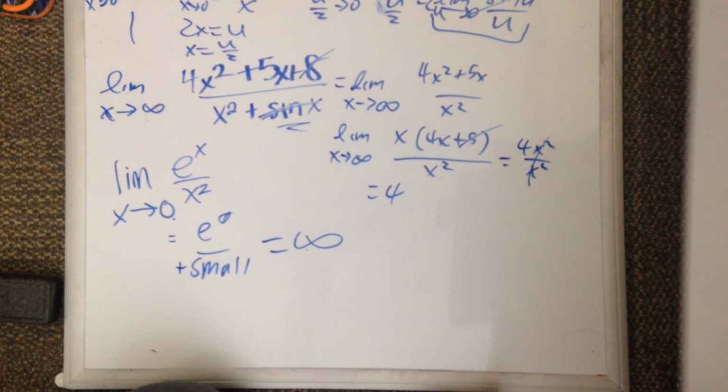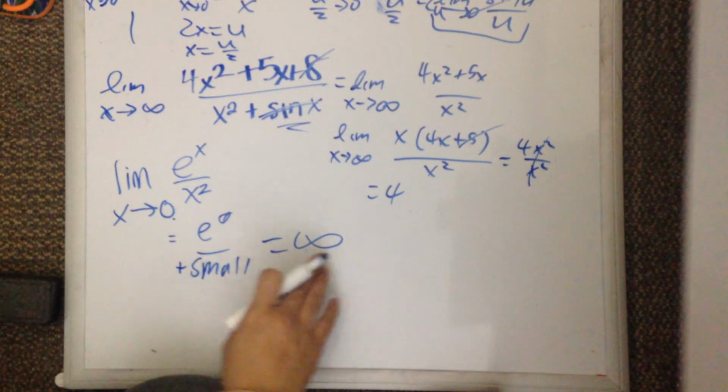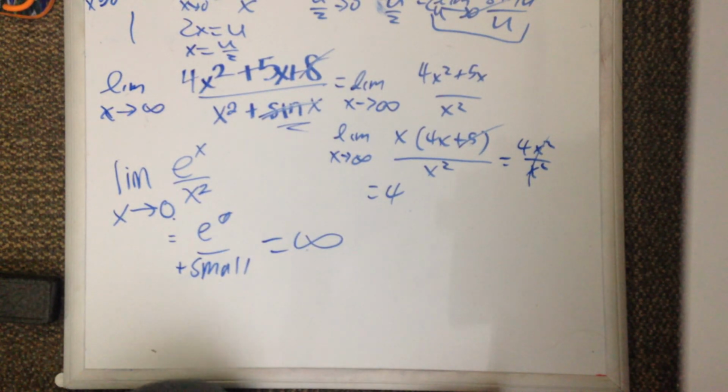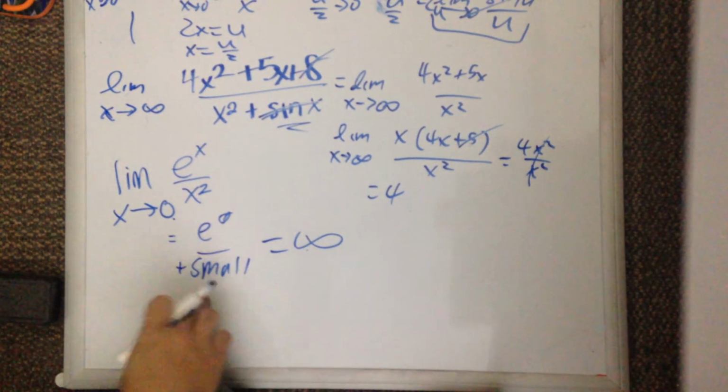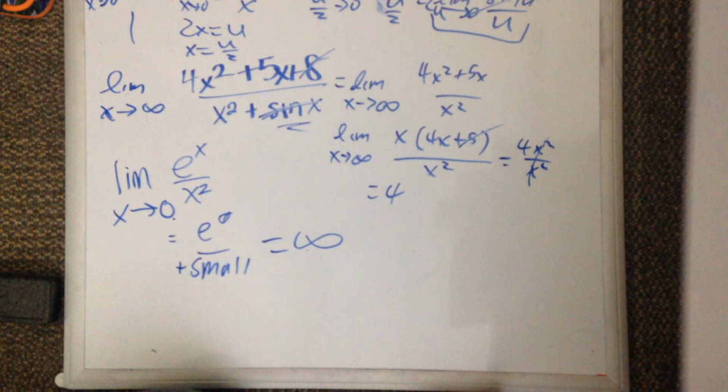So positive, plus, and the top is just 1. Whenever we have infinities, track back to check all your signs. If you don't have an infinity there, we don't care about the signs. But if we do, then just keep the sign. And this one approaches positive infinity.